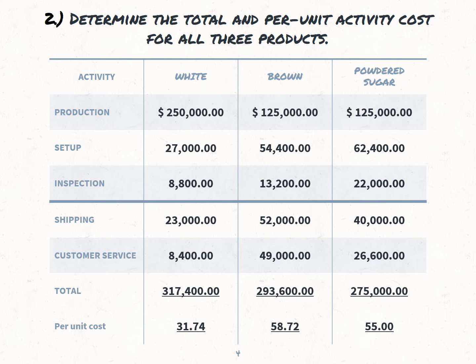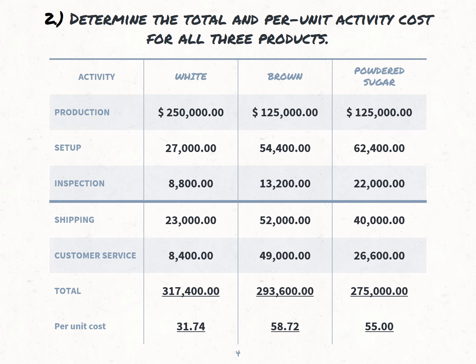While for customer service requests, white sugar has 60, brown sugar 350, and powdered sugar 190, with a total of 600, multiplied by the activity rate of $140 per request, a total of 8,400 for white, 49,000 for brown, and 26,600 for powdered sugar.